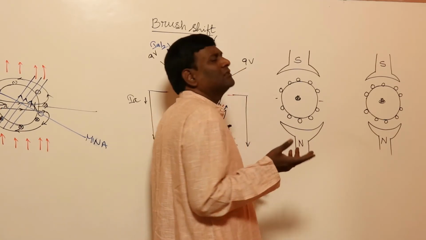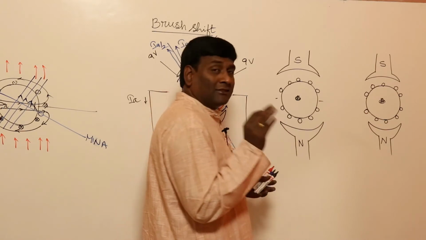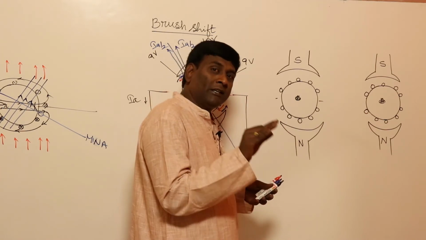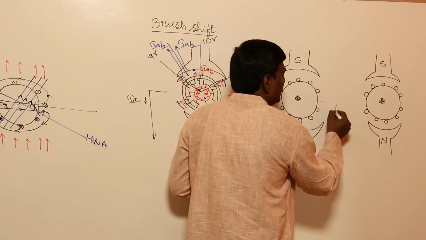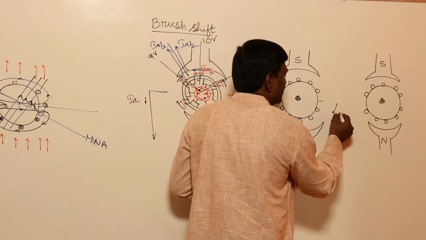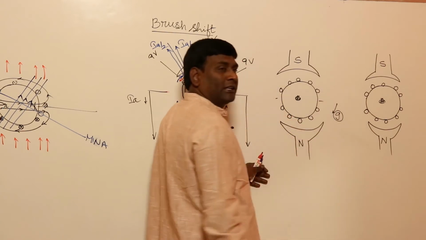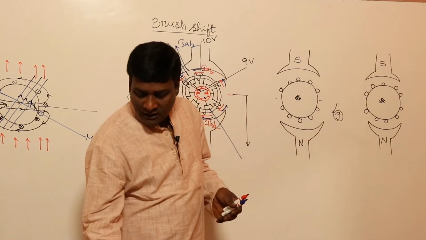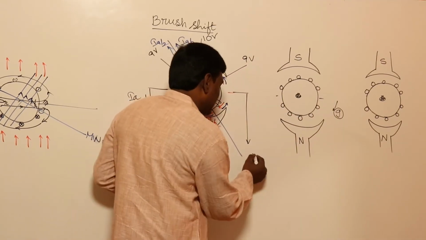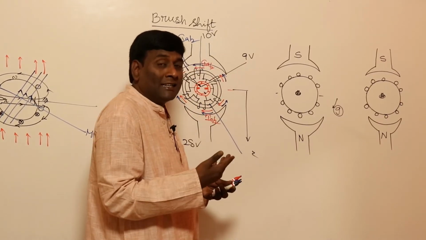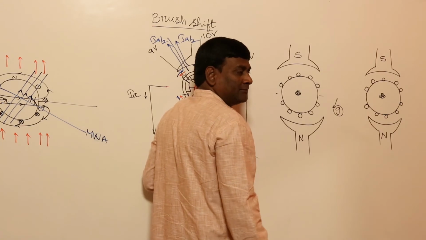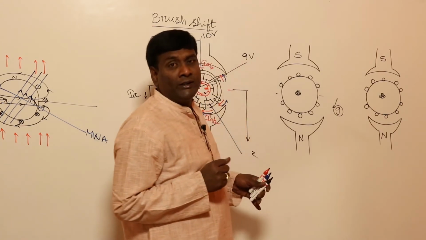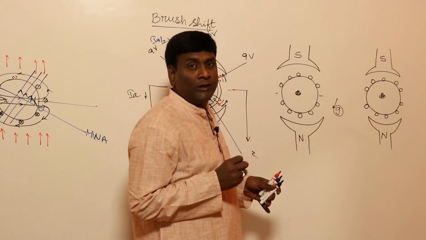For example, let us think of a generator, and I am rotating the rotor in this direction, because in a generator the input is going to be mechanical input. We have to find the induced voltage. How to find induced voltage?